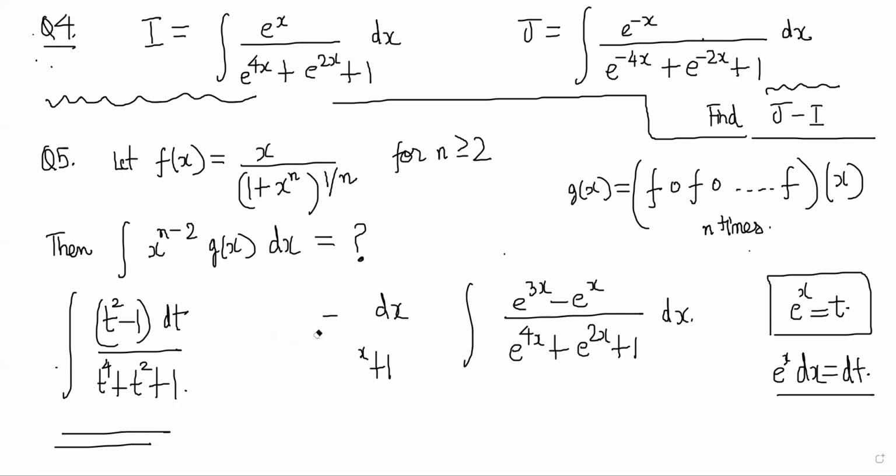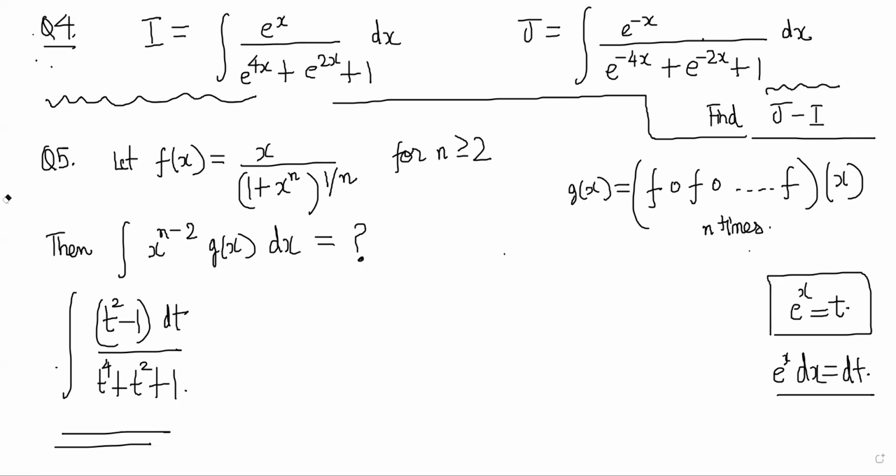Think about it, it will become 1 minus 1 by t square on top. What I was going for was factorizing t power 4 plus t square plus 1 as t square minus t plus 1 into t square plus t plus 1. But that is again a little longer than necessary, right? Yes, sir. It is going to become longer than required. You have to find the fastest solution. The fastest thing is to divide by t square.